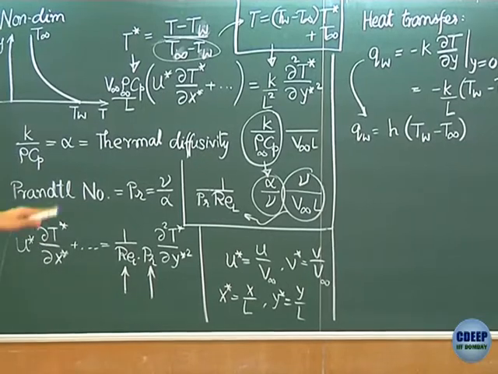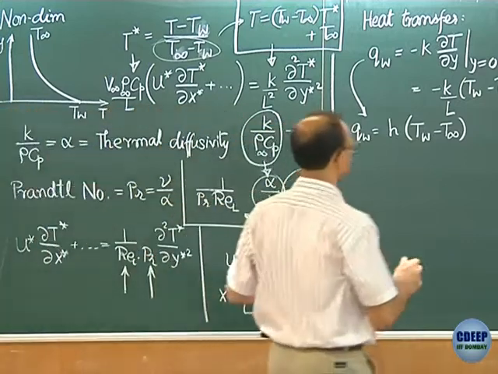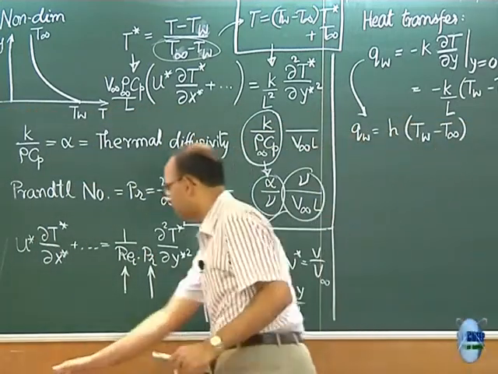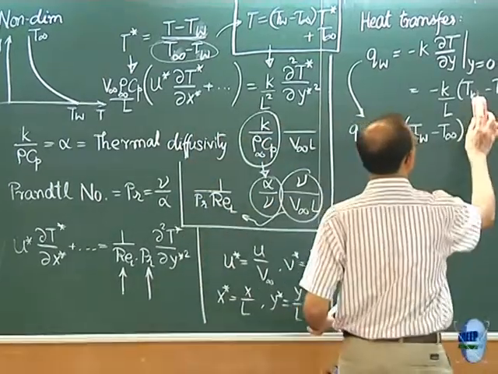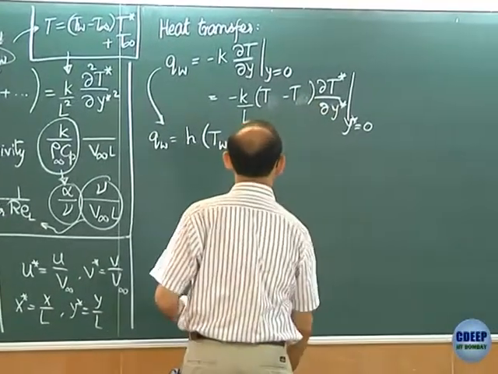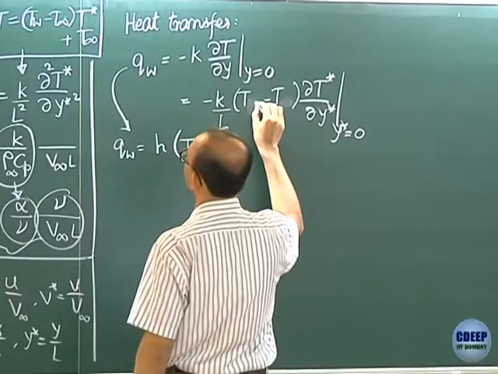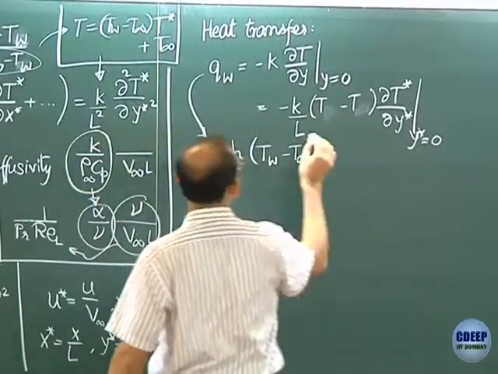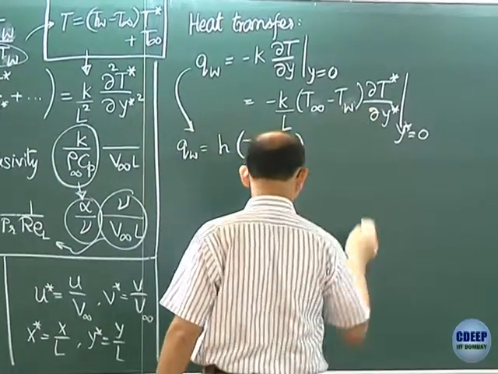Much of the algebra will remain the same. Things will cancel out, but it's the other way around. So I think this would be, T in this also would be different, T infinity minus TW.